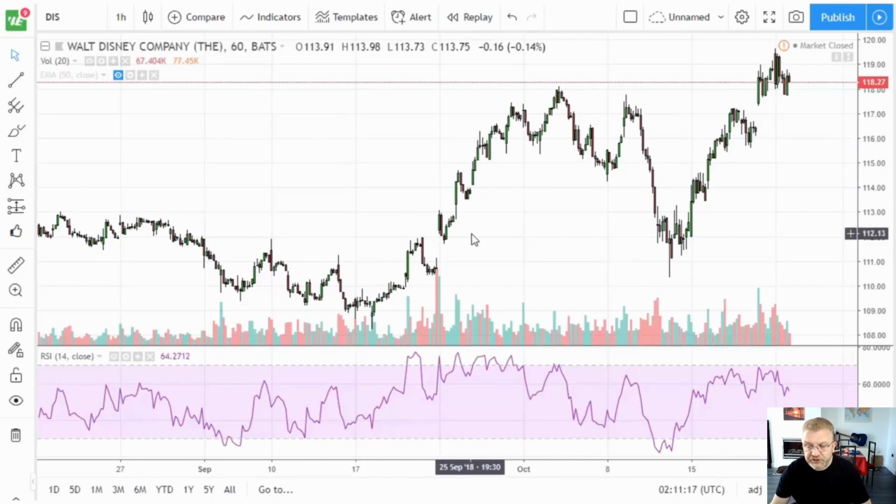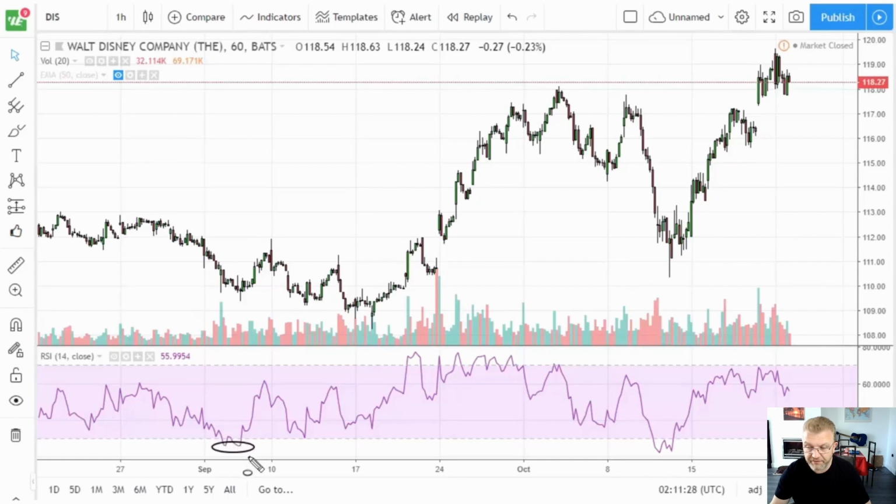Although it should be said that typically above 50 will occur in an uptrend, and below 50 will occur in a downtrend. So for example, let's take a look at the Disney 1 hour chart, and let's take a look at how it panned out.